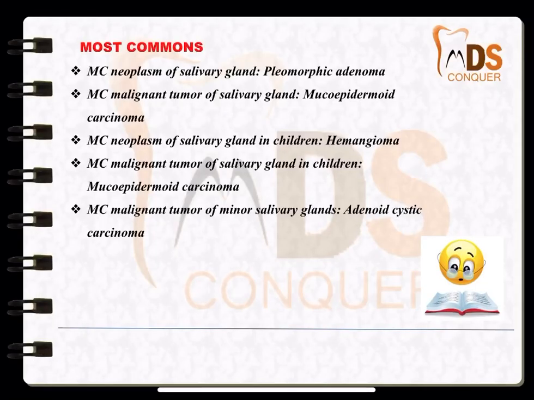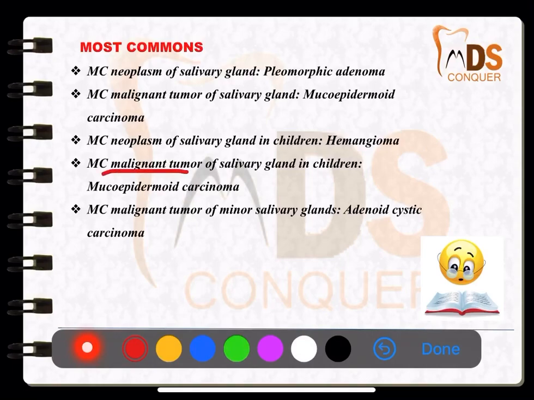Coming to the most commons given in your general surgery exam, the most common neoplasm of the salivary glands, as we know, is pleomorphic adenoma. The most common malignant tumor of salivary glands is mucoepidermoid carcinoma. The most common neoplasm of salivary glands in children is hemangioma, whereas the most common malignant tumor in children is mucoepidermoid carcinoma.